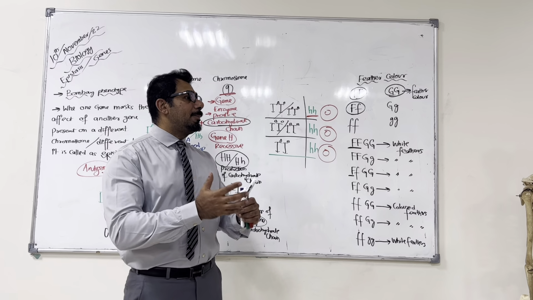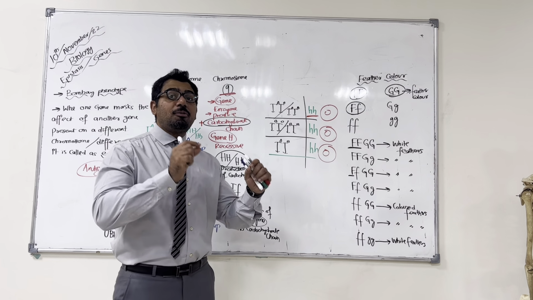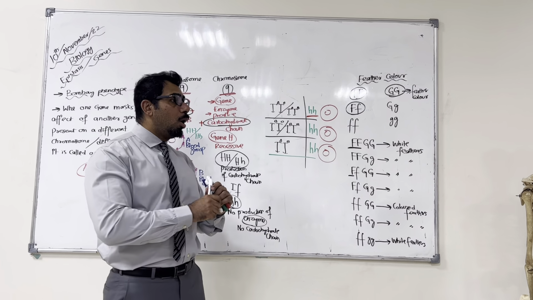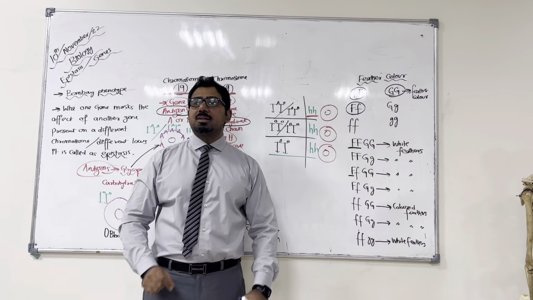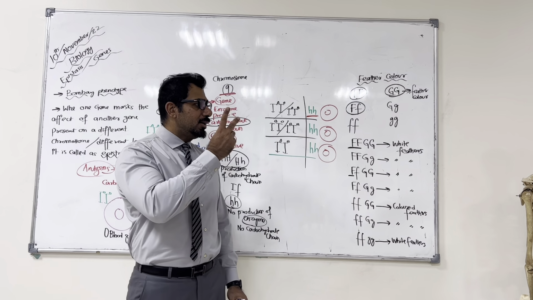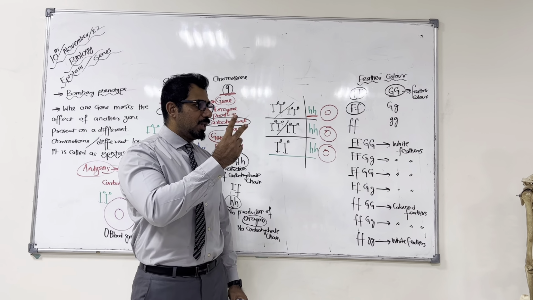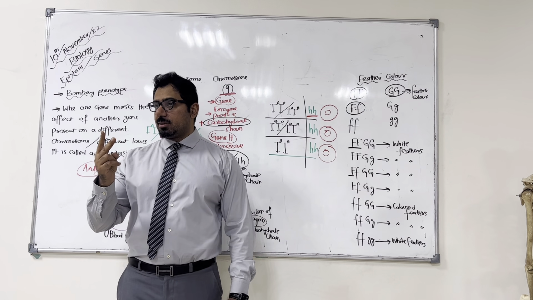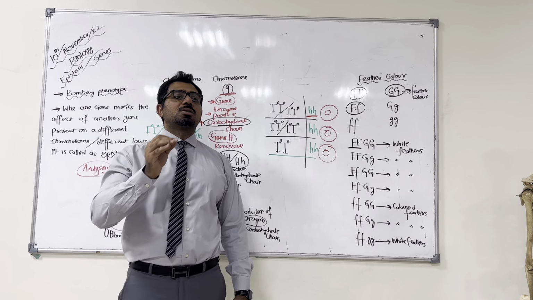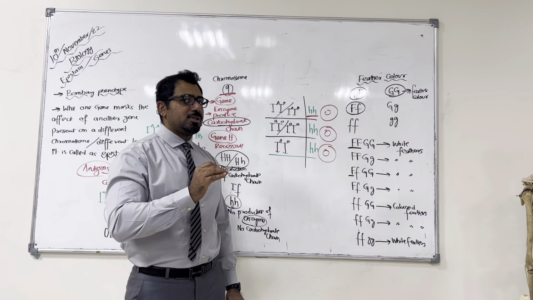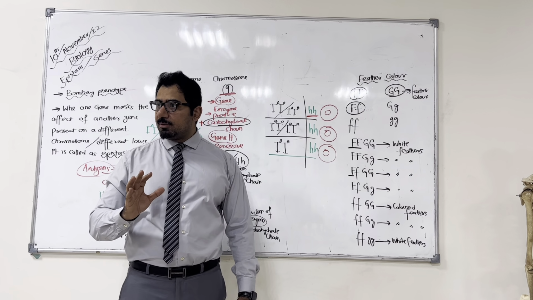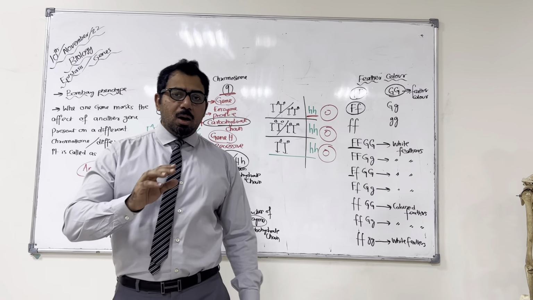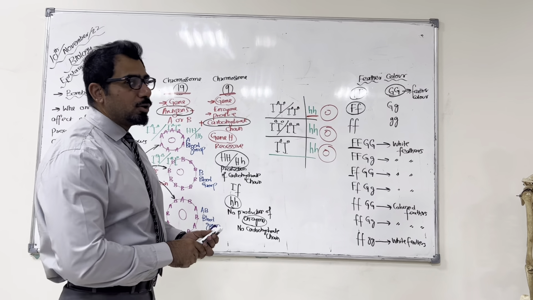That is also an example of what? Epistasis. So the fur color in the golden retriever, in the Labrador dogs, is also maintained by two genes. Understand? And that is also an example of epistasis. Understood, everyone? Okay.